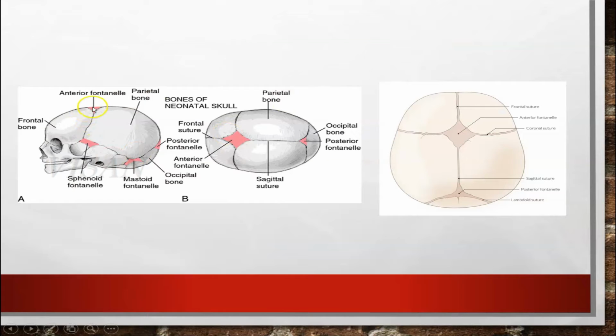At the angles of the parietal bone, we can see the other fontanelle. Depending upon the position, it is called the anterior fontanelle and posterior fontanelle, and we have another two fontanelles also. Here in norma verticalis, we can see the anterior fontanelle as well as the posterior fontanelle.